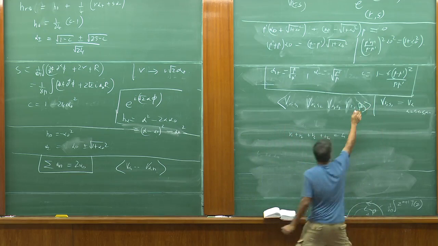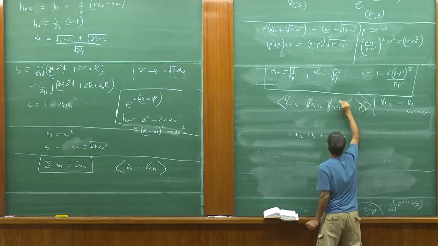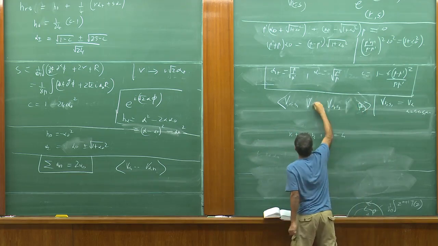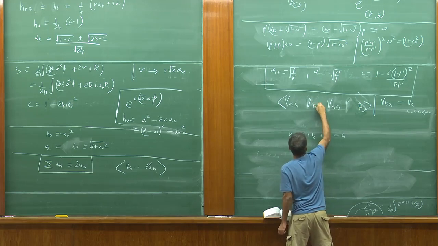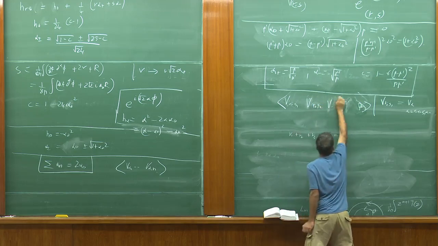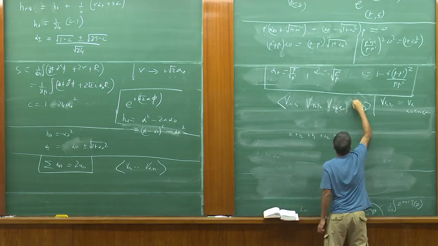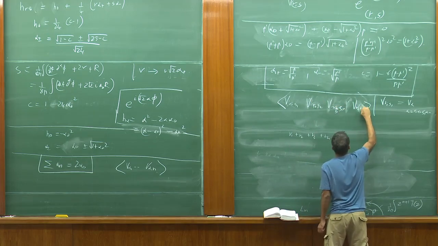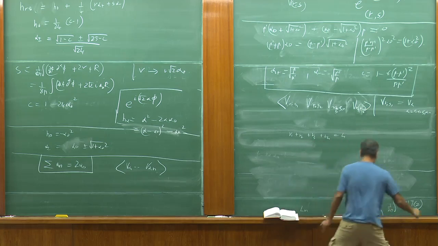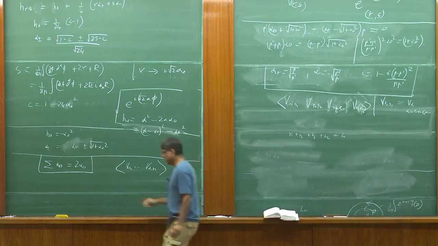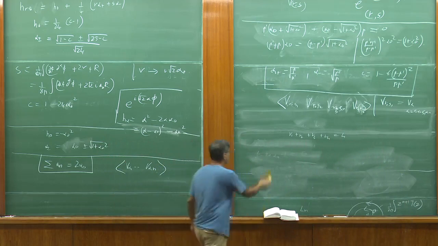Let me first do this for R2 S2, R3 S3, and R4 S4. I'll specialize in a moment to R2 S2 being 2, 1.